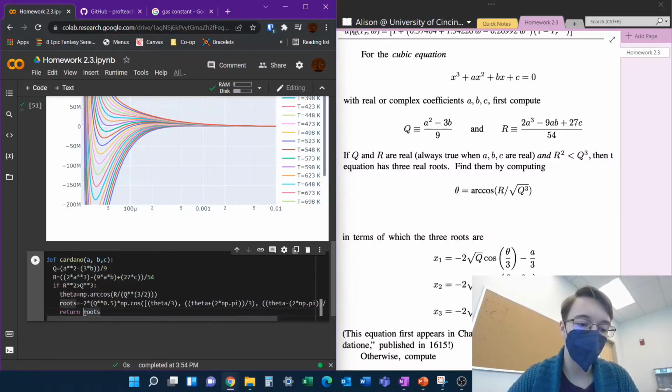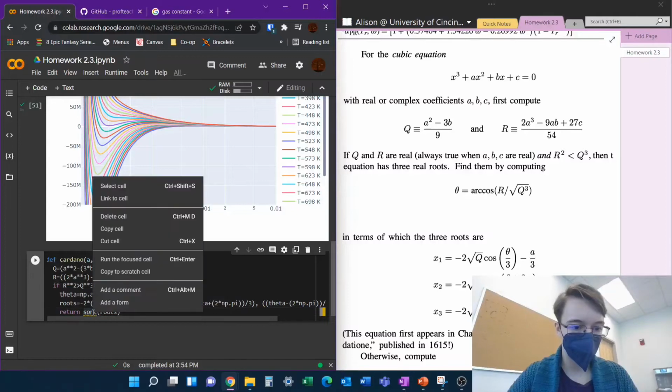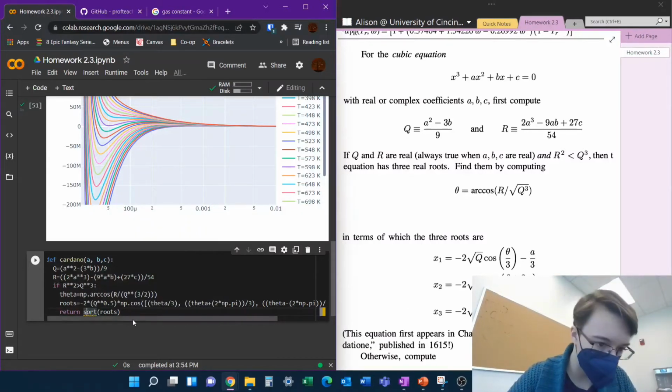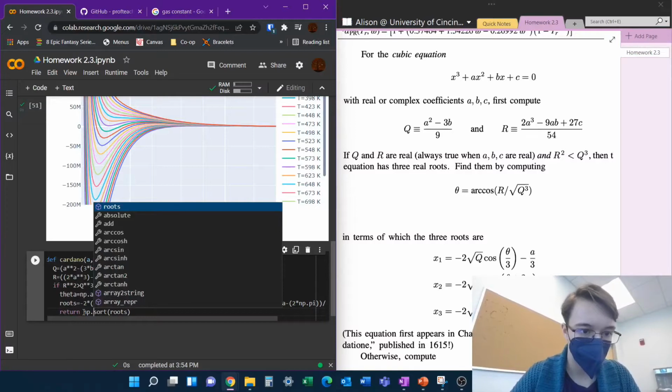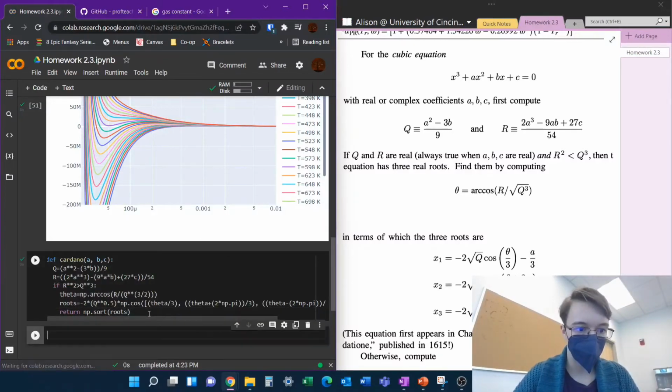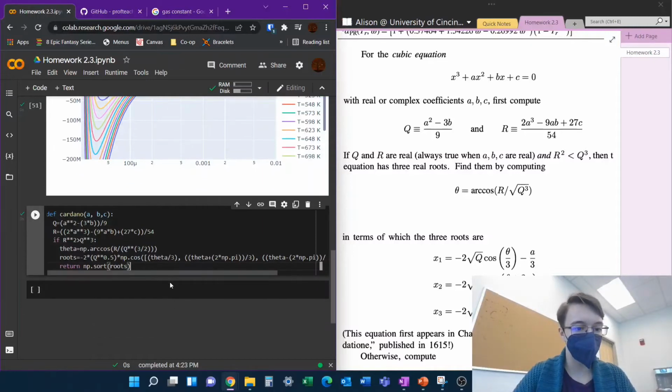So we can do that by sort roots, I believe, something like that. It's saying that's an error, so I'm guessing that's not the syntax for that. The np. Alright, let's try that. Alright, so it seems to have taken that.